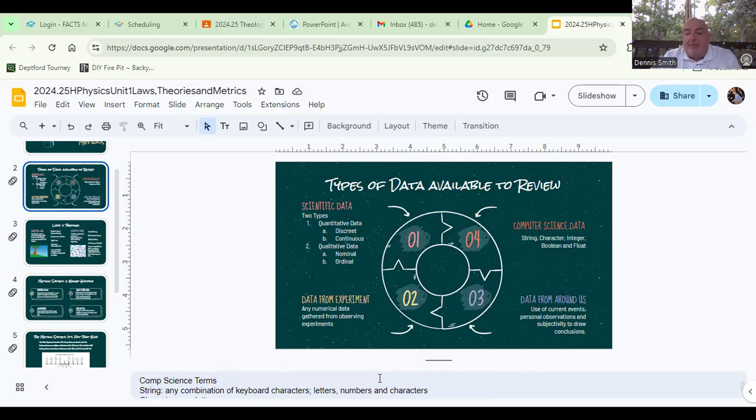And then the third type of data is the data from around us. Okay, what we see with the use of current events, what we personally observe going on around us, and the subjectivity that we have to draw conclusions. Now, data from around us can be a little dicey because you can have personal biases that come in.